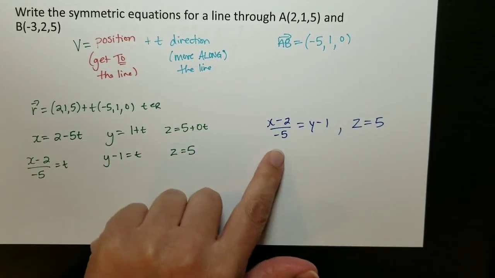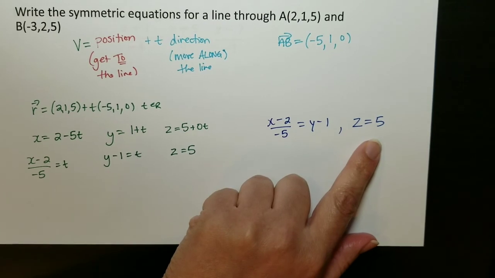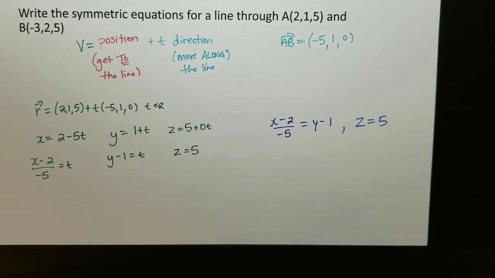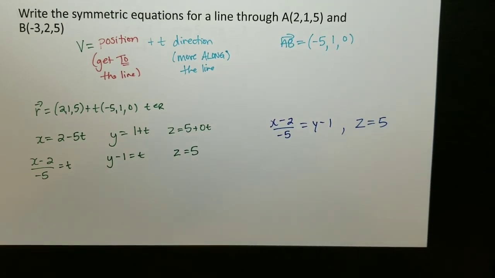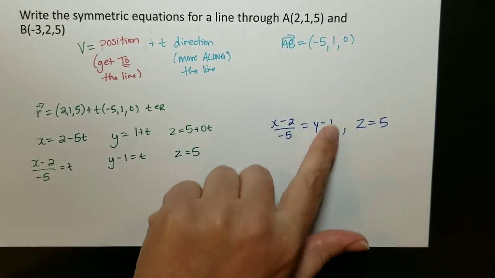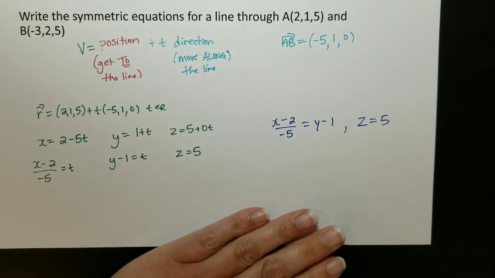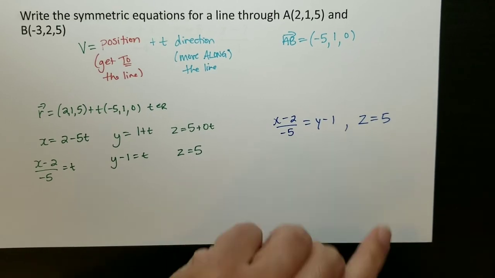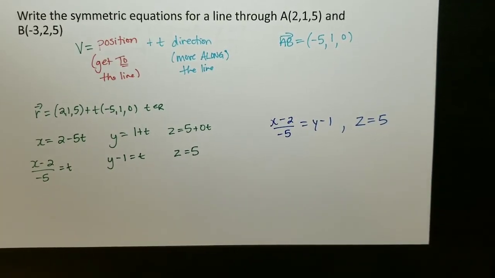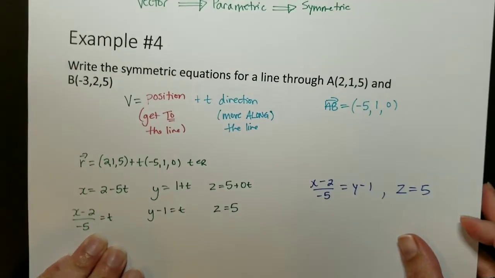You could get a Cartesian equation here, and the z value would be a constant of 5. Unlike the regular R2 equations where the z value is just 0 and it's right on the xy plane. This is on the plane z equals 5. So this line would be parallel to the xy plane, but just moved 5 units up in the z direction, and that's where that line would go. So if you get one that's a constant, you just add it in, and that's fine.